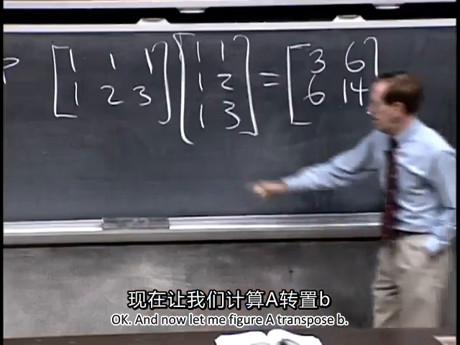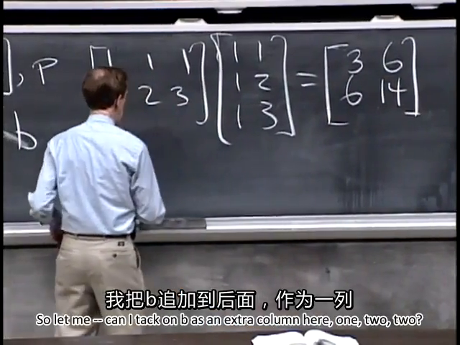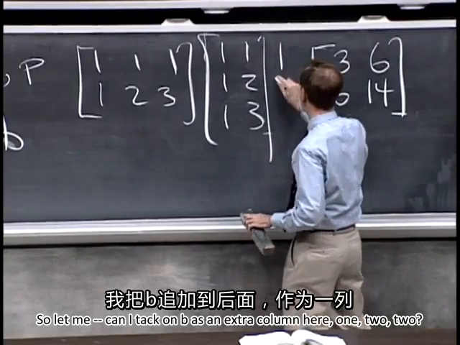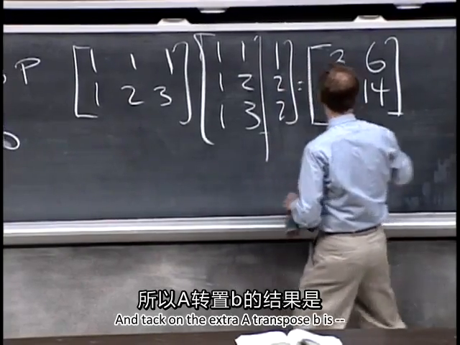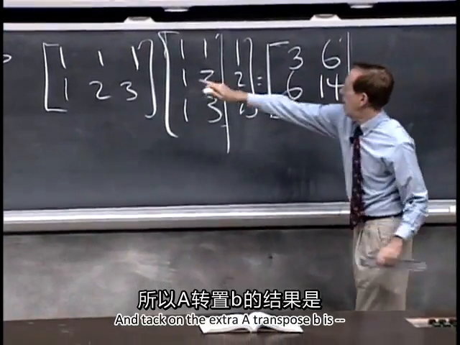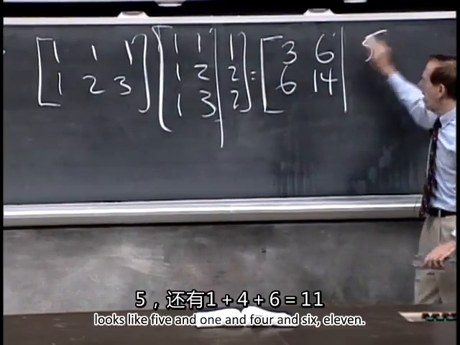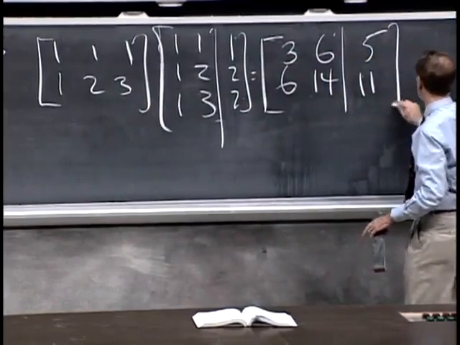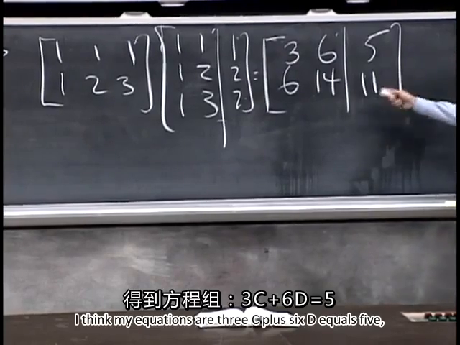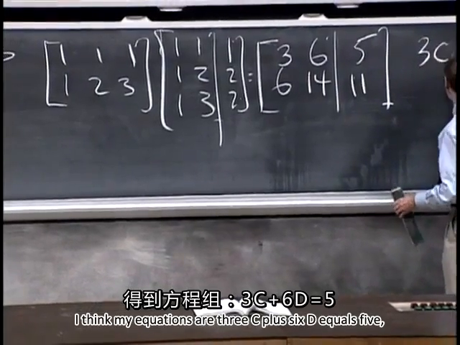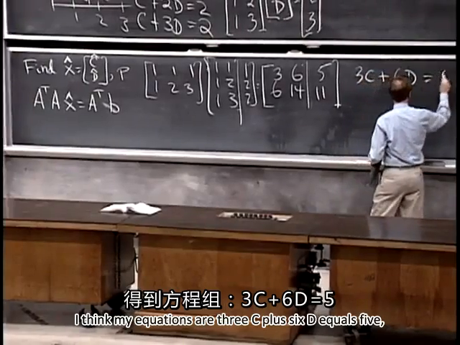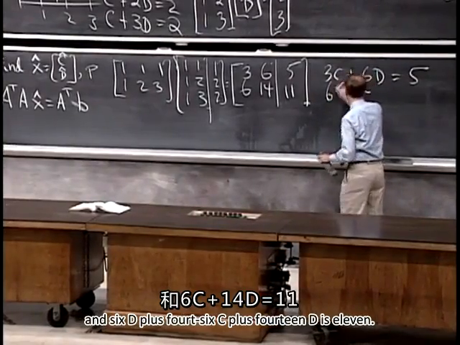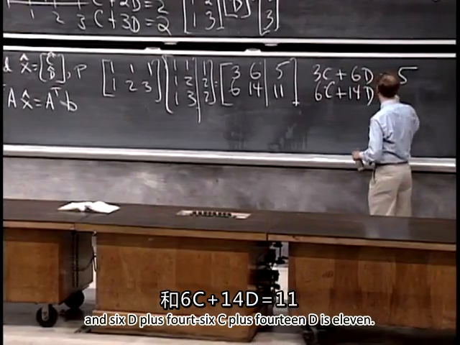Okay, and now let me figure A transpose B. So can I tack on B as an extra column here? 1, 2, 2. A transpose B looks like 5 and 11. So I think my equations are 3C plus 6D equals 5, and 6C plus 14D is 11.